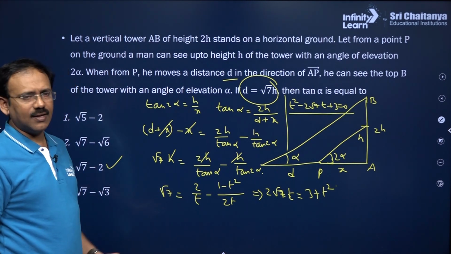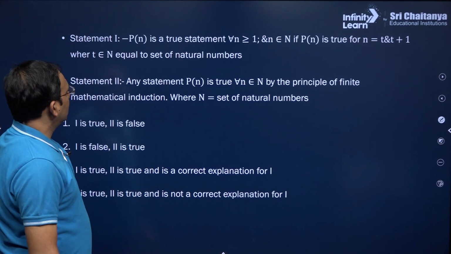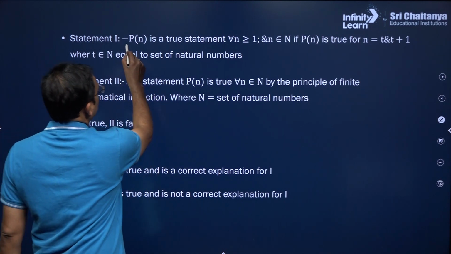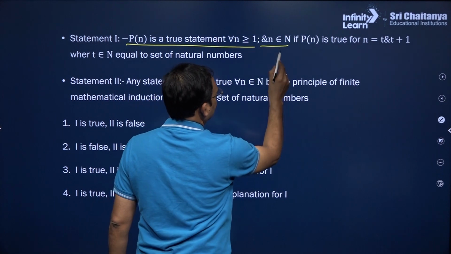Option C, simple calculation. Next, you see statement 1: P of n is true for all n greater than or equal to 1 and n is a natural number.